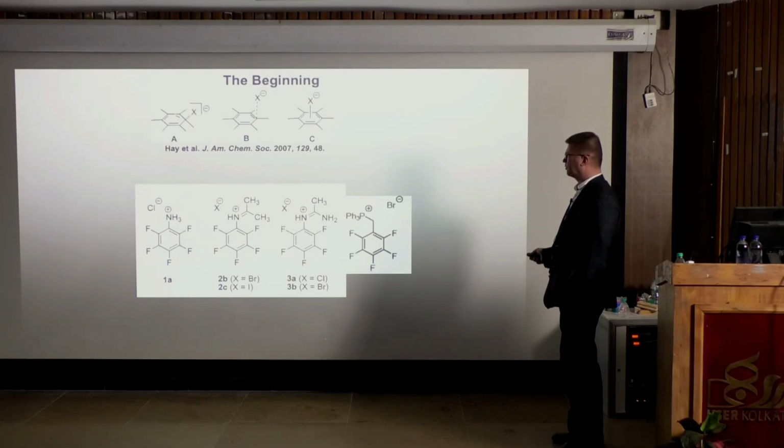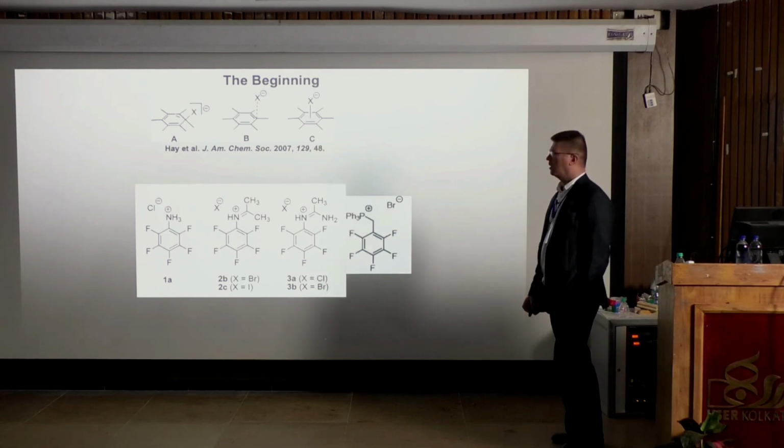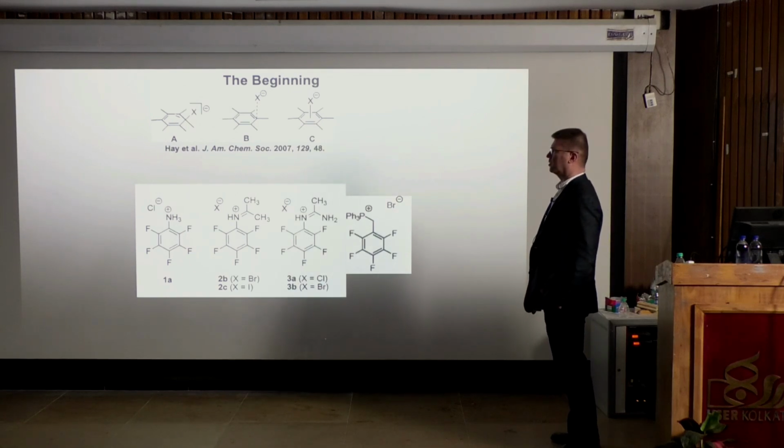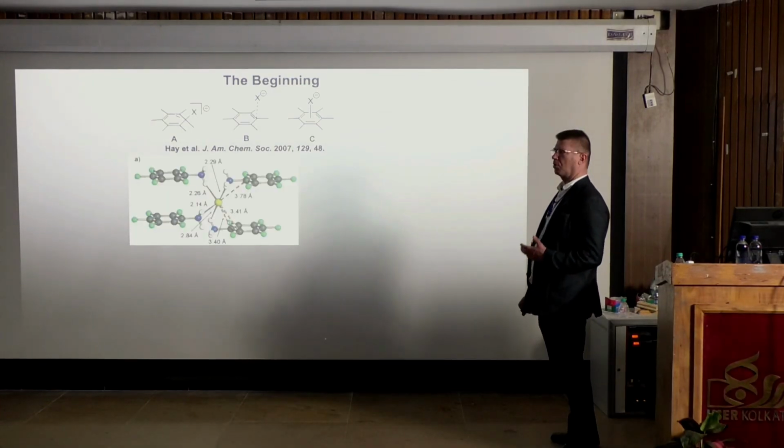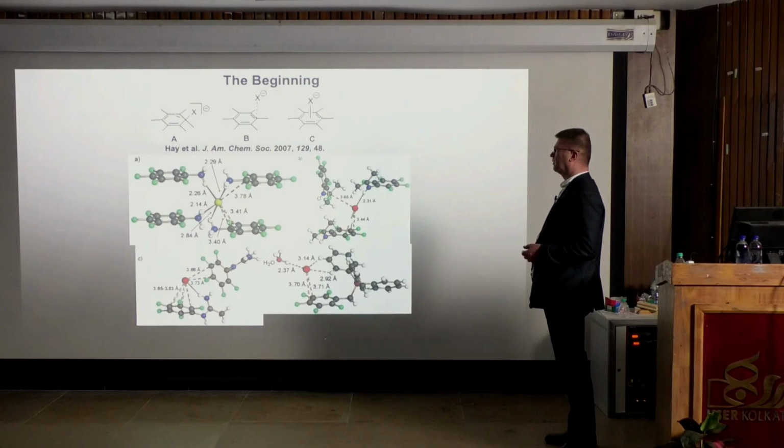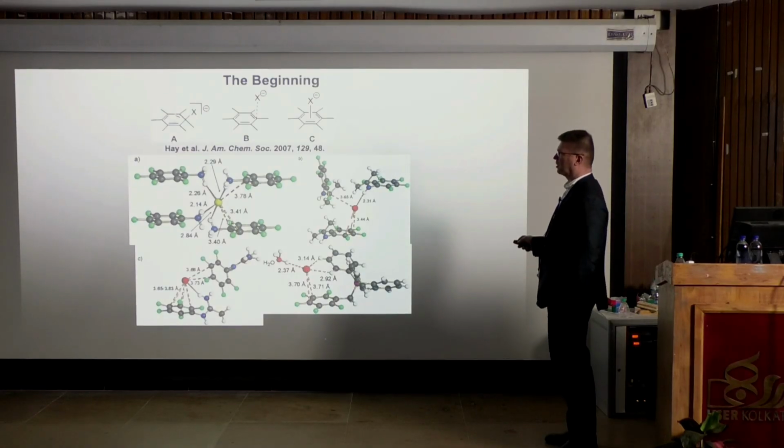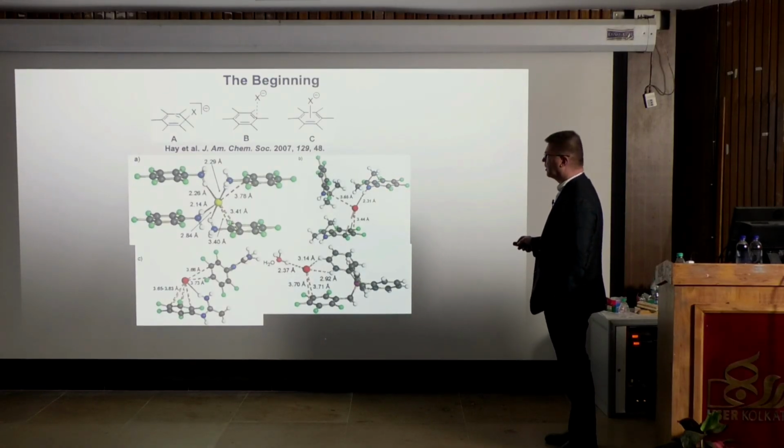And then, of course, you have a phosphonium, and here you can have bromine. And it was a big surprise for us that this actually worked, and we got a lot of X-ray structures. There is hydrogen bonding, of course, but we also started seeing anion-pi interactions in this direction.